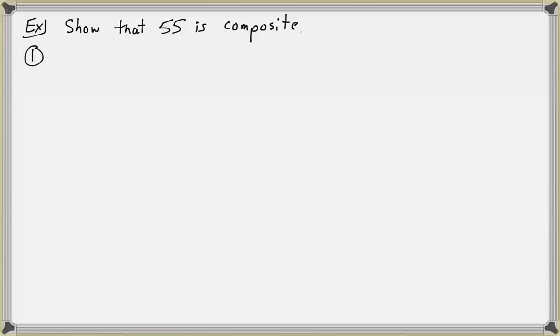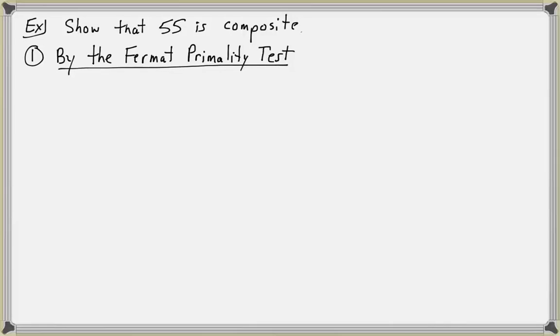I'm going to show this two different ways. First, by the Fermat primality test. We need to compute 2 to the power 54 mod 55.